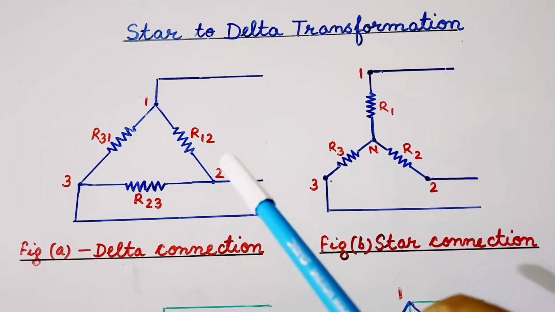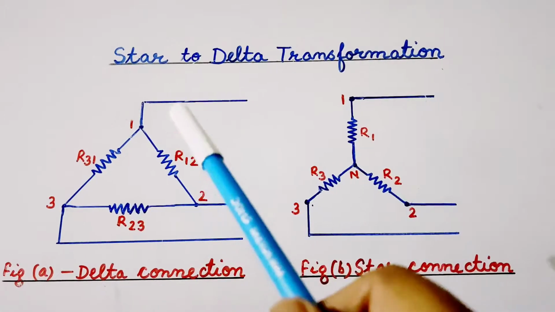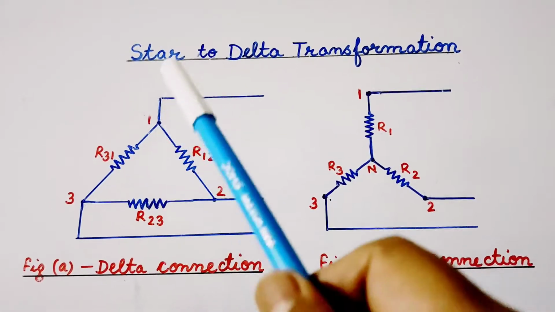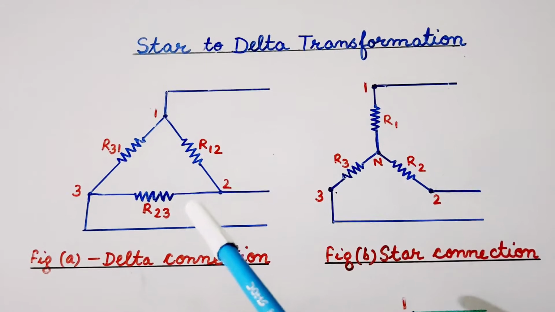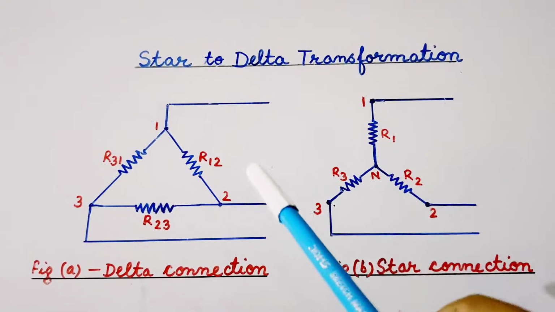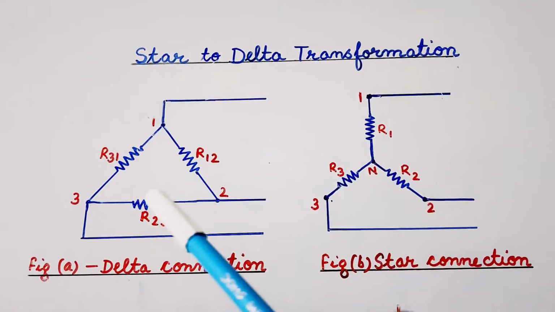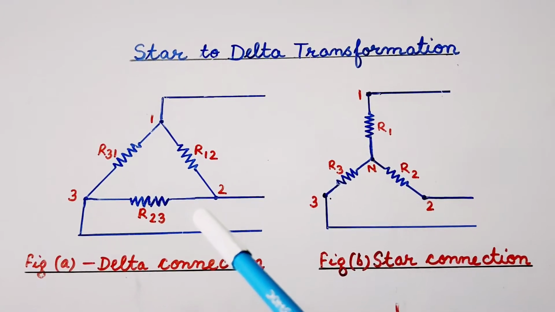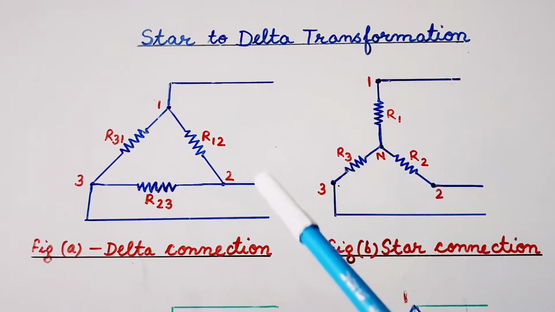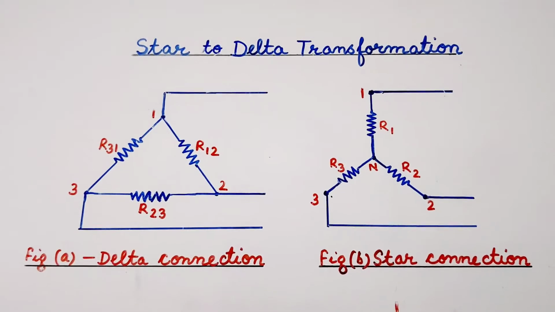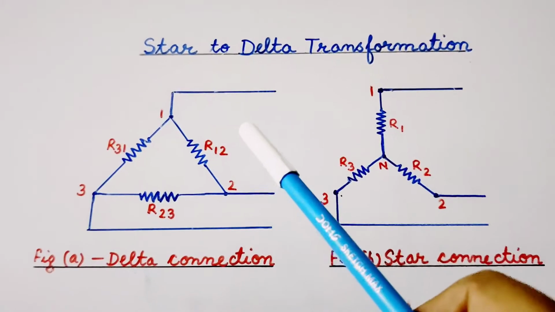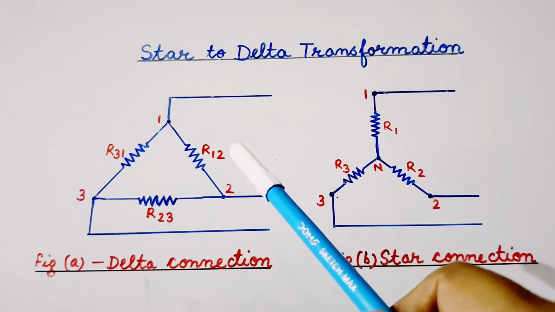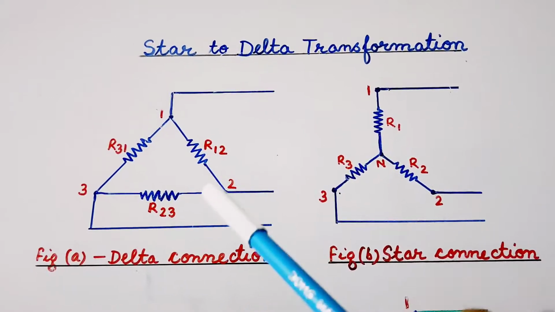One path has a resistance of R12 and the other path has a resistance of R31 plus R23. So the resistance R12 is connected in parallel with R31 plus R23. The equivalent resistance between 1 and 2 will be obtained by taking the parallel connection of R12 with R31 plus R23.